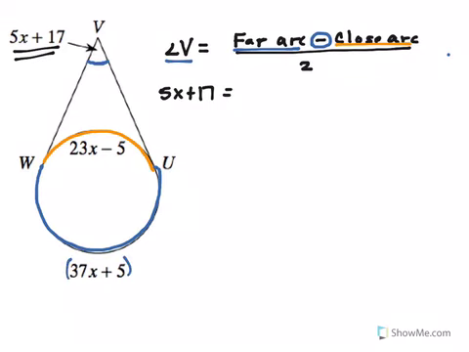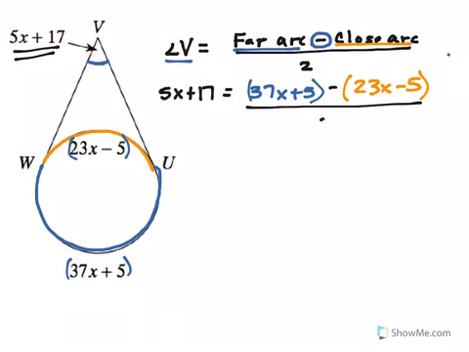So we need to make sure that when we fill these in that we're using expressions. So we've got 37x plus 5 because that is one value, and we're going to subtract from that another value of 23x minus 5, and then we'll divide all of that by 2.